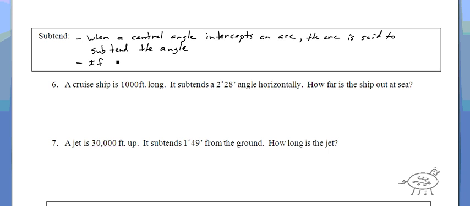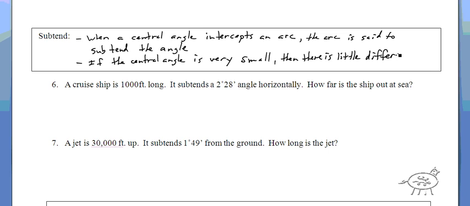If the central angle is very small, then there is little difference between the inscribed chord and the arc.